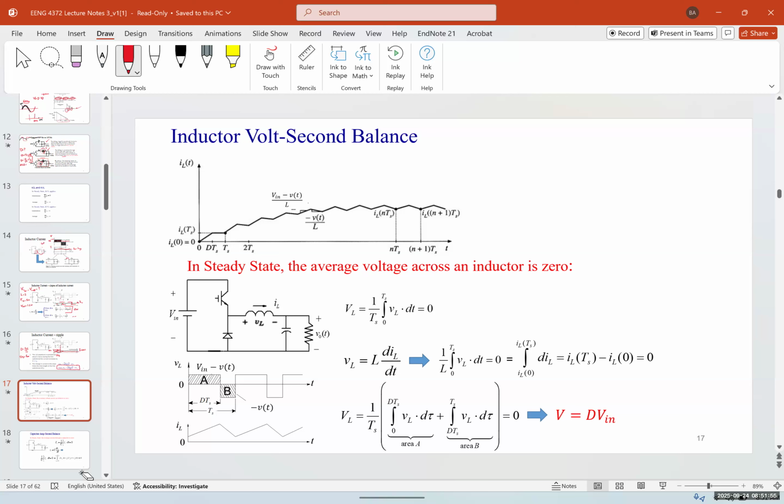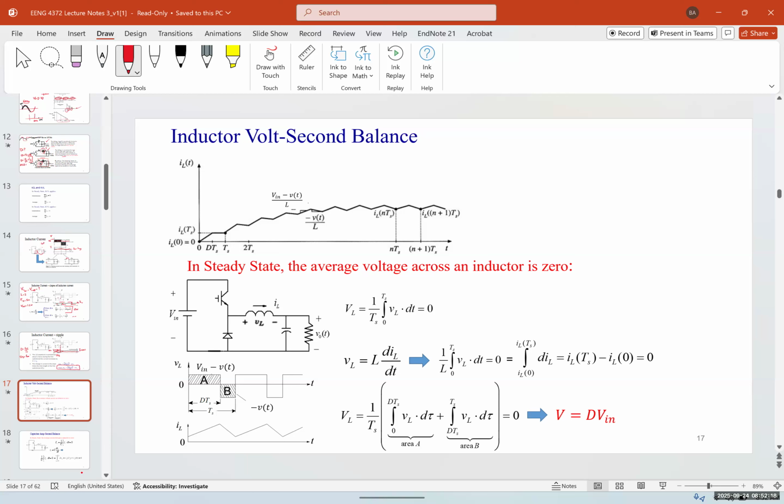But if we want to find the VL at each point of the time, when it's turned on, VL would be equal to 1 over Ts, the integral from 0 to dTs of VL d tau, plus the integral from dTs to Ts of VL d tau.